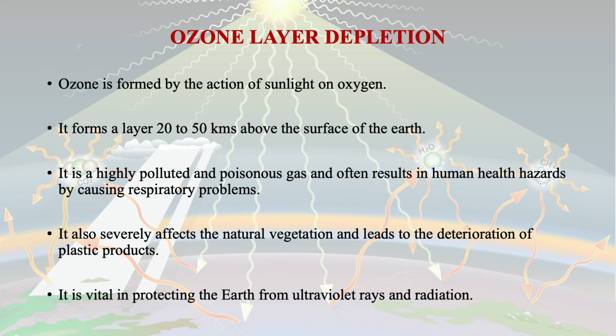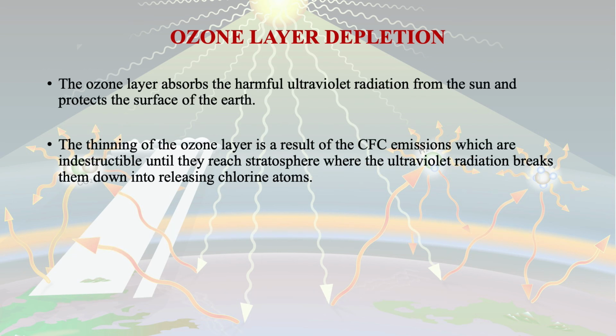The ozone layer is the vital thing protecting earth from ultraviolet rays and radiation. It absorbs the harmful ultraviolet radiation from the sun and protects the surface of the earth. So the ozone layer started thinning as a result of the emission of chlorofluorocarbons, which affect the earth in many ways.